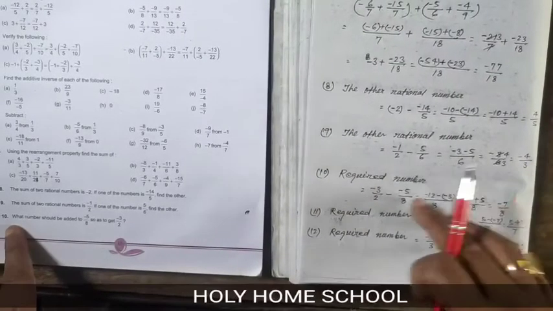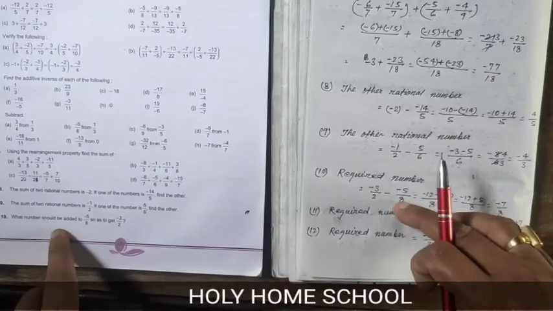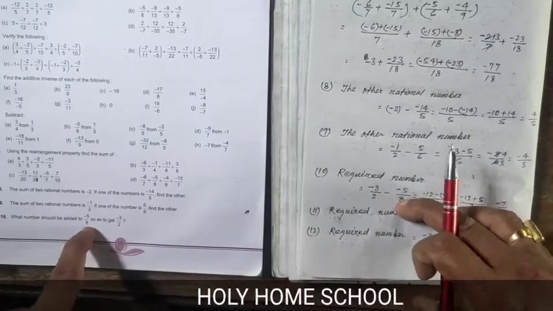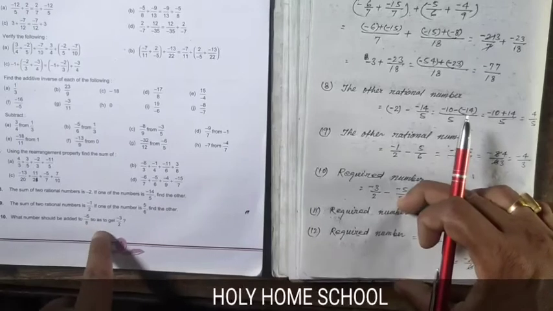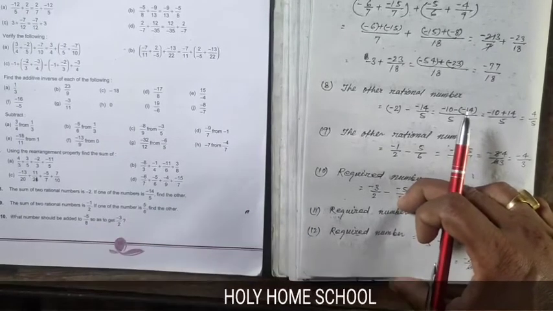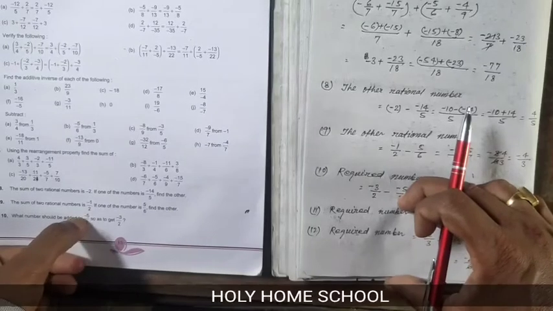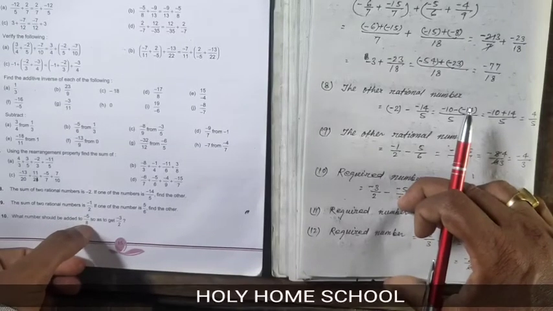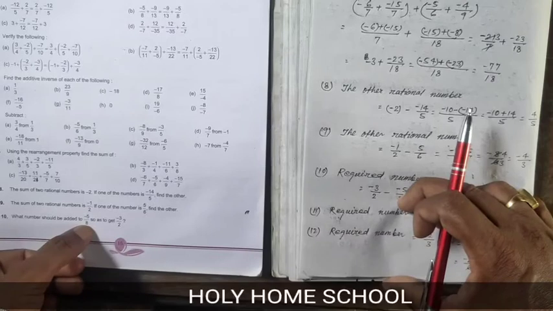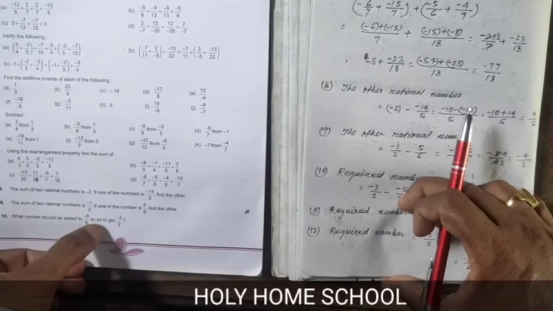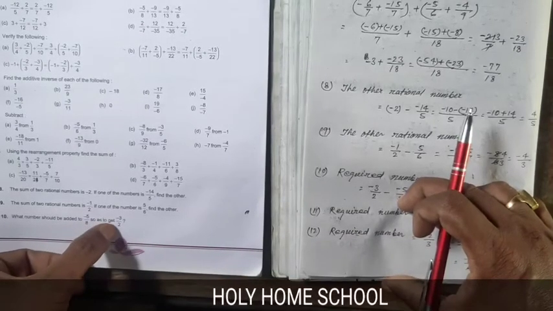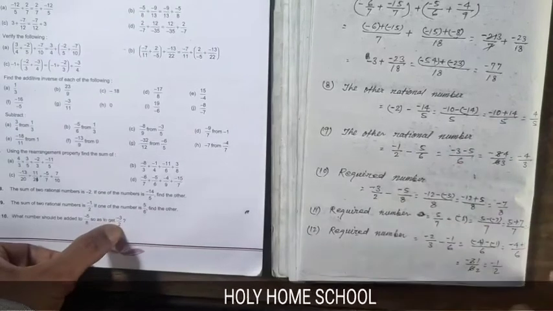Question number 10. What number should be added to minus 5 by 8 so as to get minus 3 by 2? It means in minus 5 by 8, which number is to be added so that our answer will be minus 3 by 2?